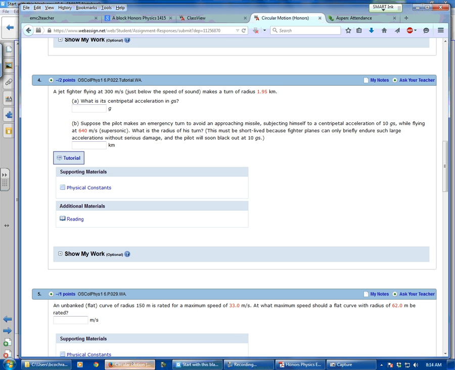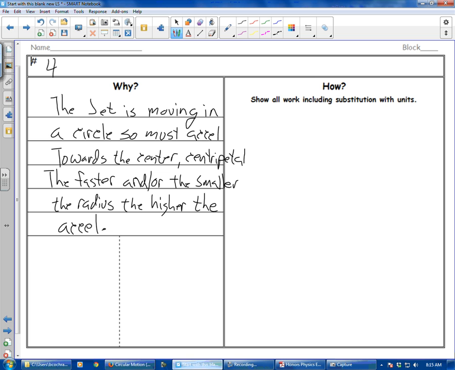So starting with part A, 300 meters a second for me, 1.95 kilometers. They tell me the speed and the radius, so I'm going to use that AC, part A, is V squared over R. My V is going to be 300 meters per second. Don't forget to square it.